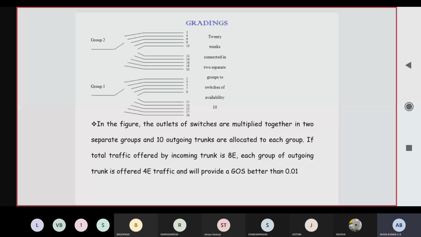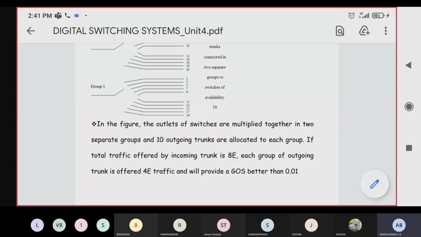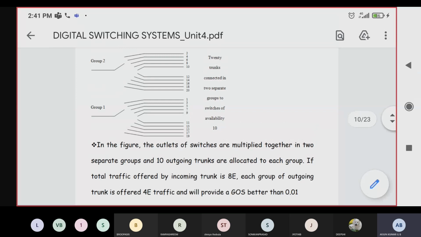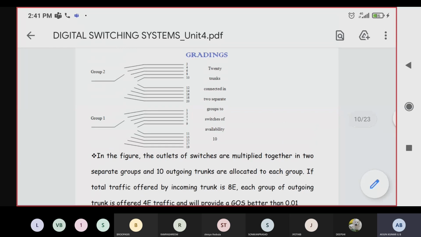That's why in the figure we can see 20 trunks on an outgoing route to which incoming trunks are accessed by means of switching, giving an availability of only 10.